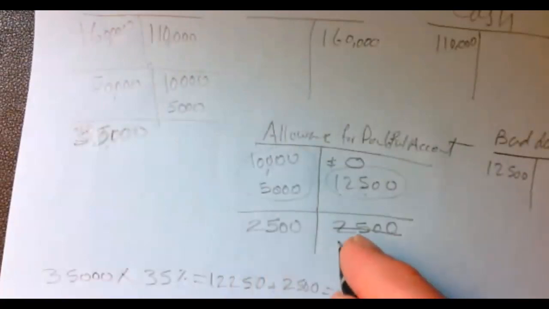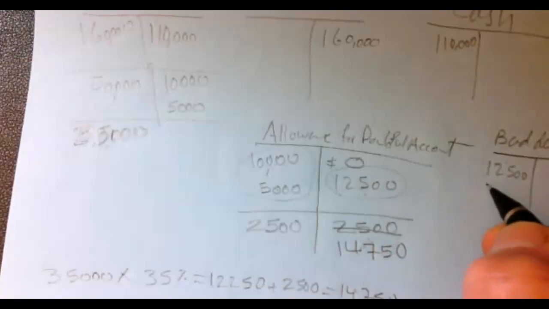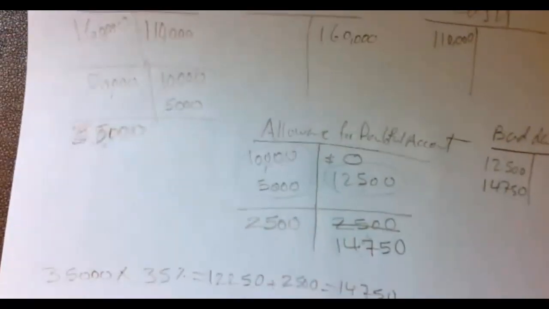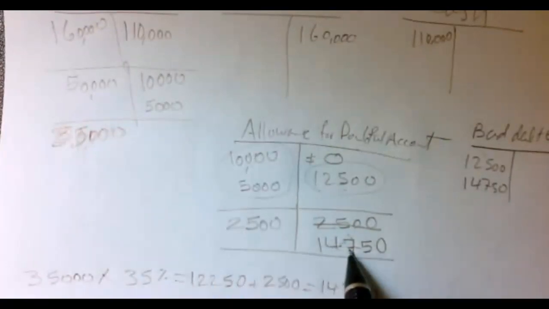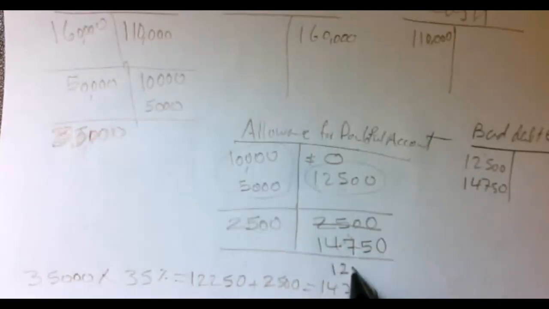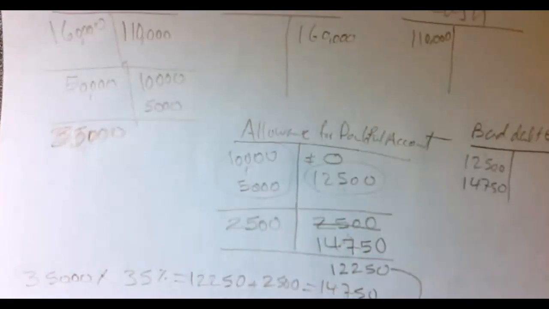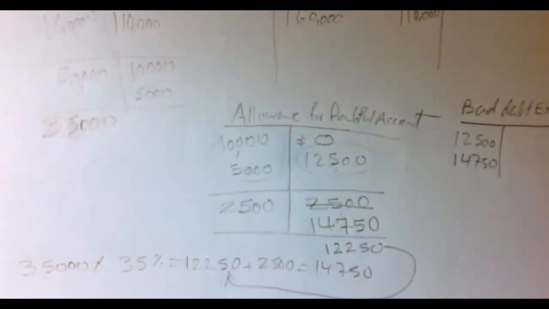So I'm going to put 14,750 as a credit, and 14,750 as a debit for bad debt expense. Okay, and 14,750 less 2,500 is 12,250. And that 12,250 exactly matches the 12,250 that I want.